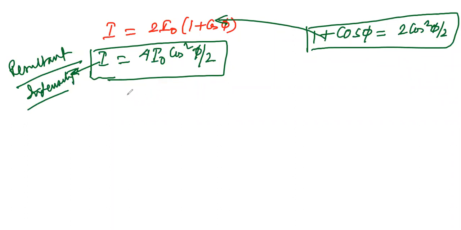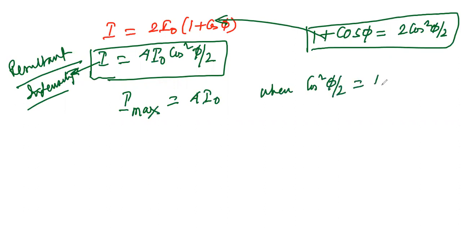Here the resultant intensity will be maximum, that will be equal to 4 I naught, when cos square phi by 2 is equal to 1. That implies cos phi by 2 is equal to plus minus 1. So that means cos phi by 2 is equal to plus minus 1, and this can be written as cos of m pi.